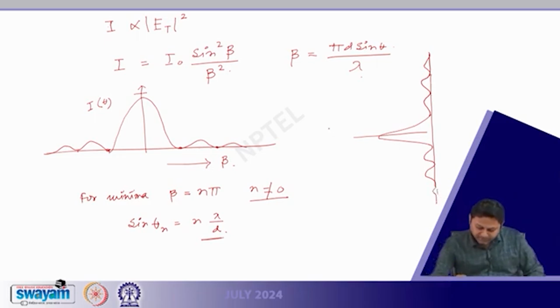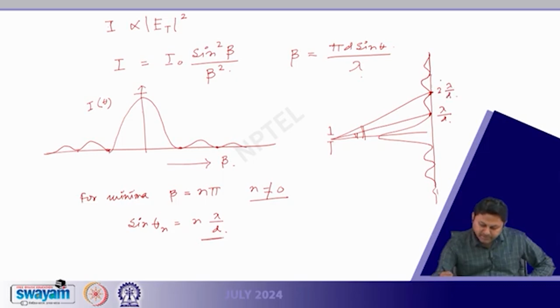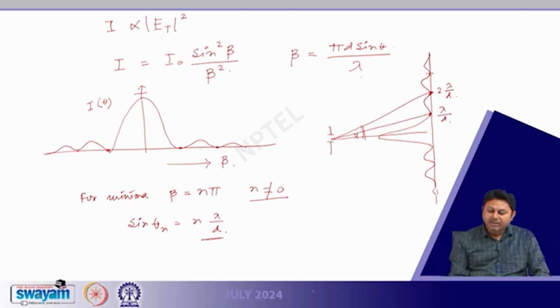And if I calculate, this is the slit width, and this is my 1 theta for which I have a minima, then we have another theta here for which we have another minima, and all these things. So, this theta is lambda divided by d, this theta is 2 lambda divided by d, this theta is 3 lambda divided by d, and so on. So, this is the point where we have minima.